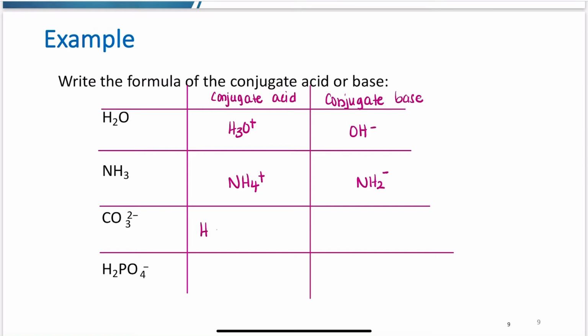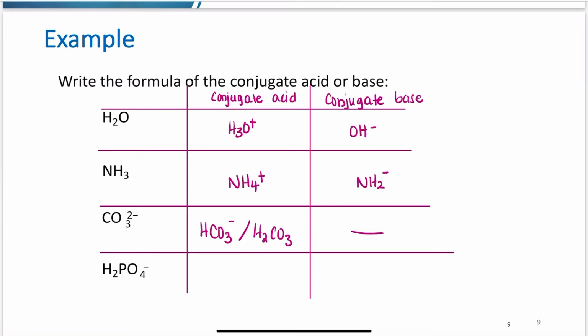It could form HCO3-. It could also form H2CO3. Now, it doesn't have a conjugate base, because a conjugate base means it would act as an acid in the first place, and it doesn't have any protons it can lose.